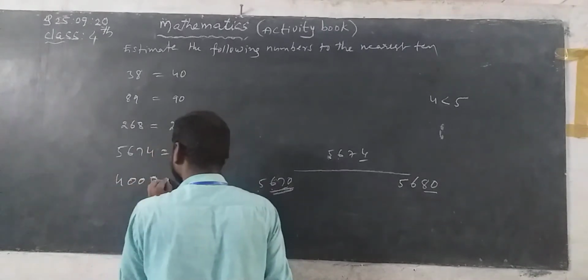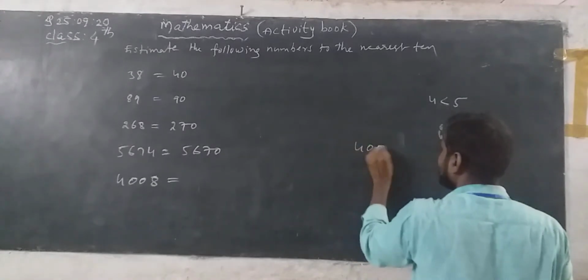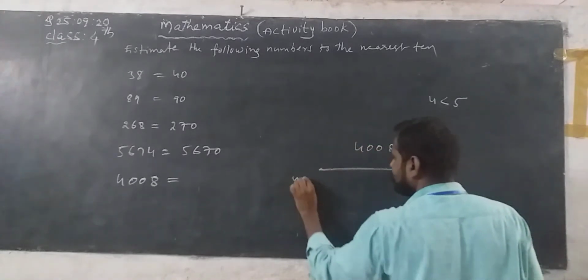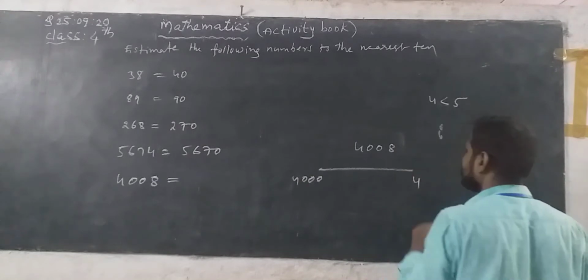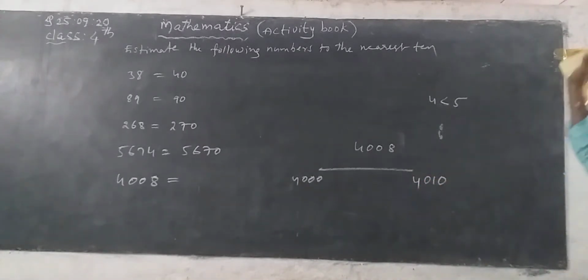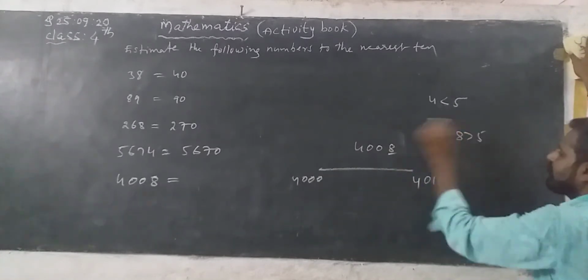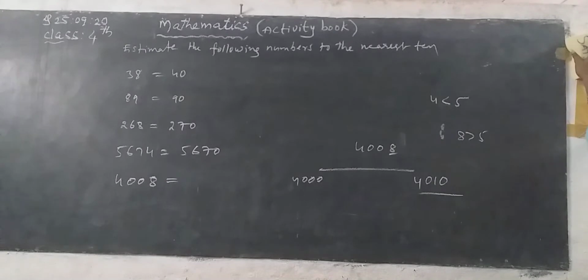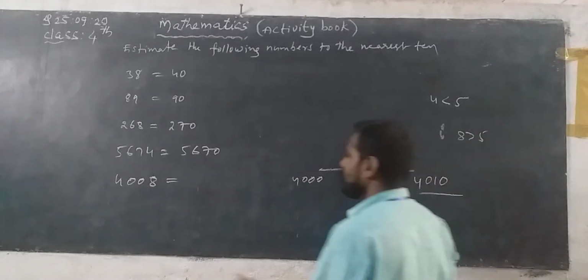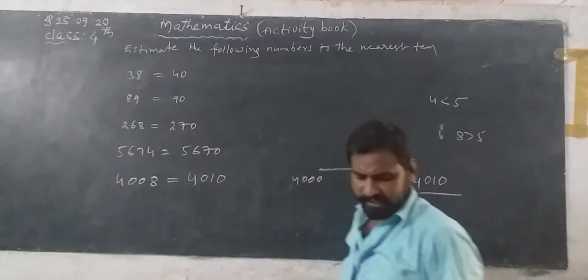Now next, 4008. See, 4008 lies between 4000 and 4010. So 8 is greater than 5. Then you have to take the next tens, means 4010. So 4008 is rounded off to 4010.